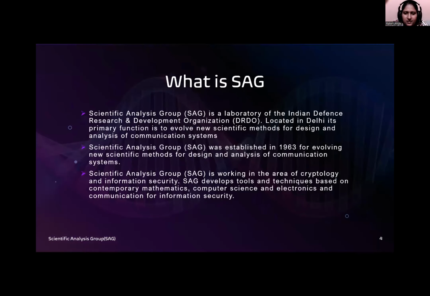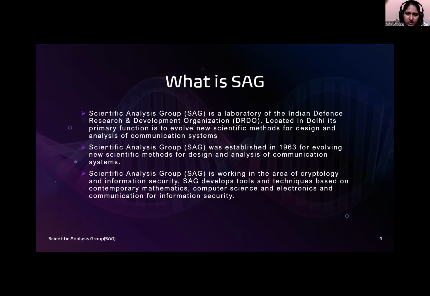We'll see what is SAG. SAG is the Scientific Analysis Group, which is a laboratory under DRDO. As we know, there are more than 52 laboratories, and SAG is one of the laboratories in DRDO. It is located in Delhi, and its primary function is to develop new scientific methods for the purpose of designing and analysis of communication systems.